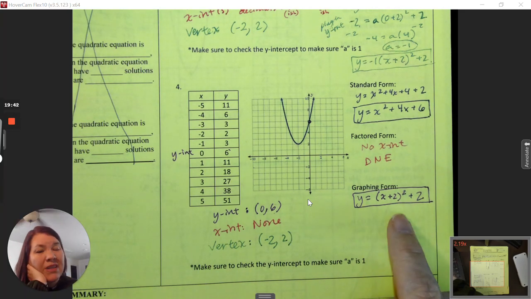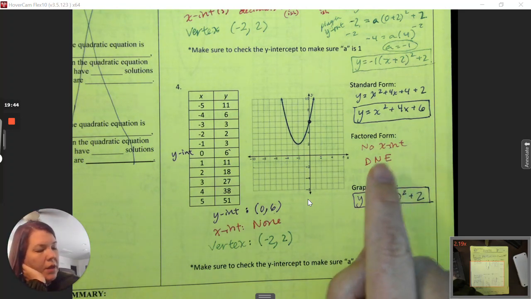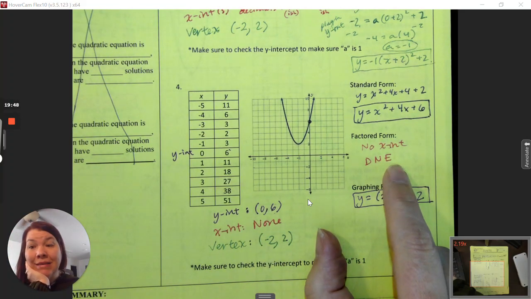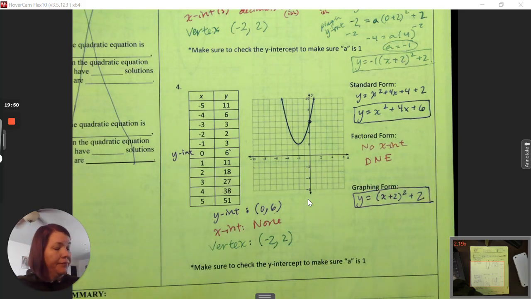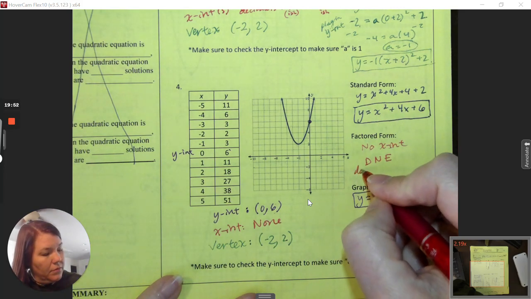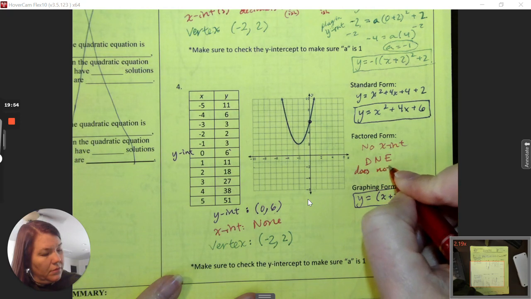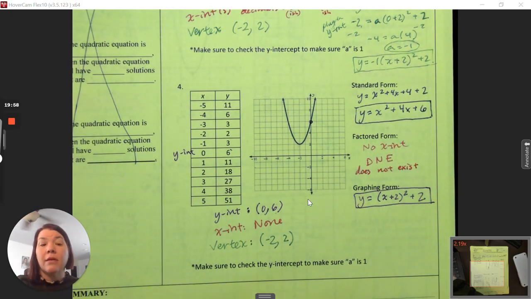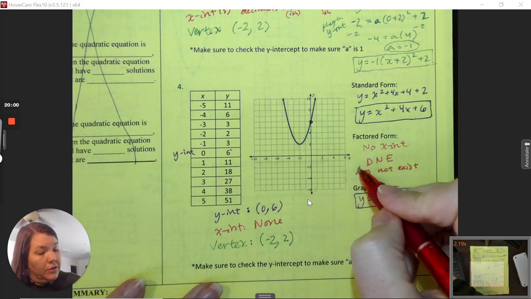I didn't write it. I did do it. Since there are no x-intercepts, the factored form does not exist, as what D and E stand for does not exist. And that is because there are no x-intercepts.